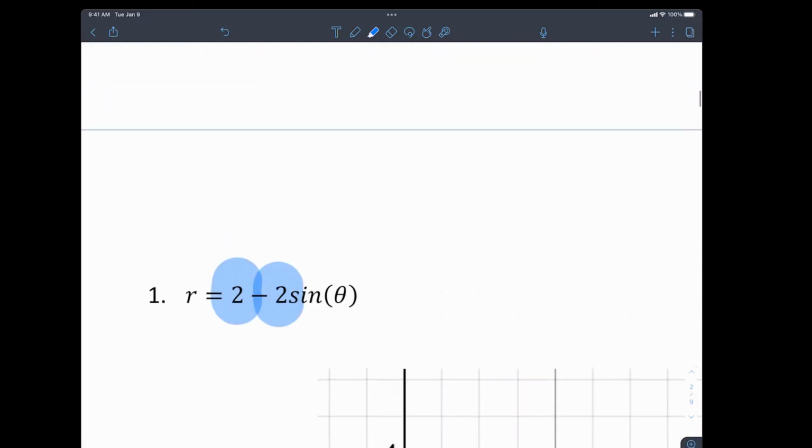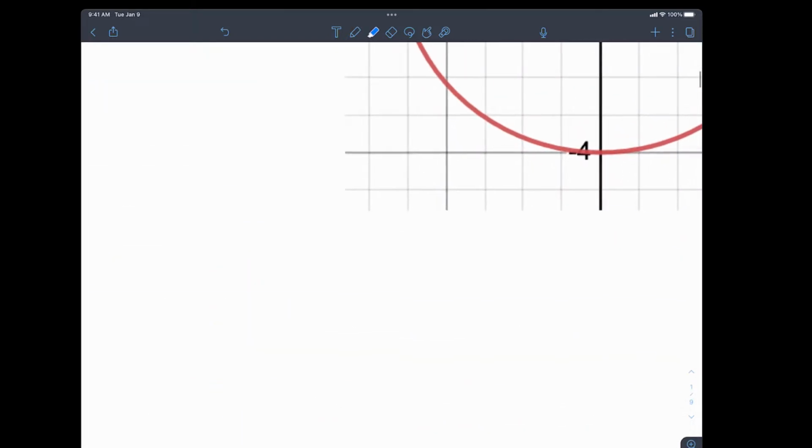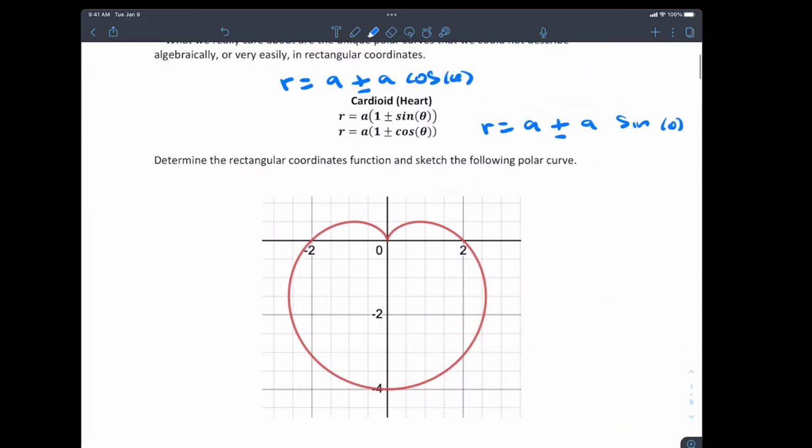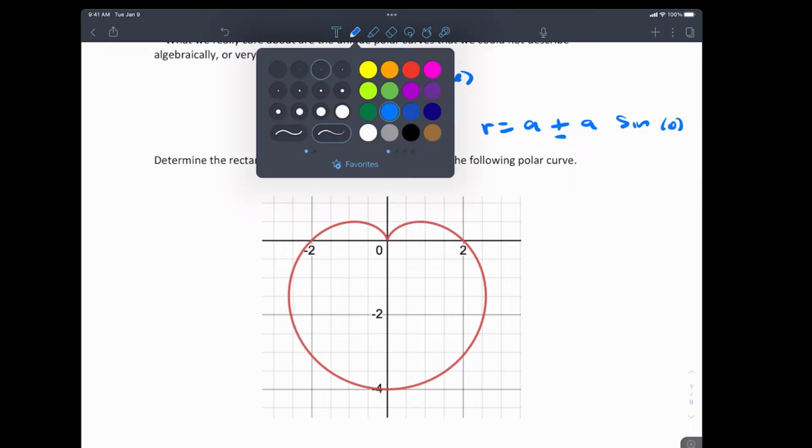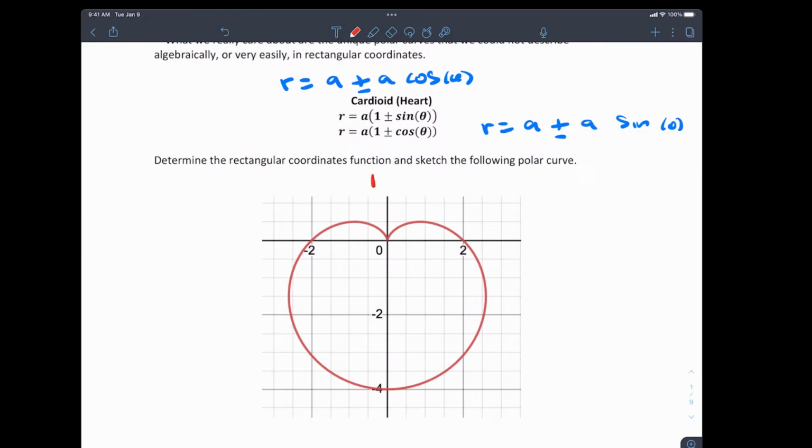So in all honesty, you go back over here, and how I say to people how you do this, it's very simple. There's 4 types of cardioids because of that plus or minus. Two for sine. See that plus or minus? 2 for sine, 2 for cosine.